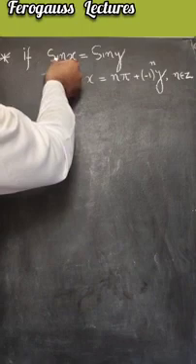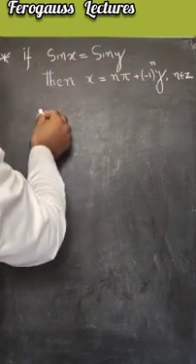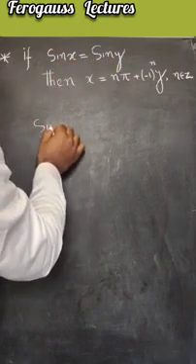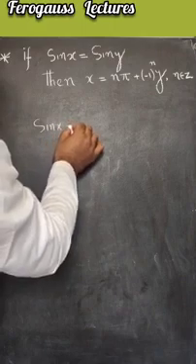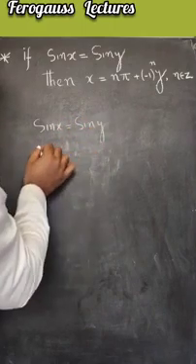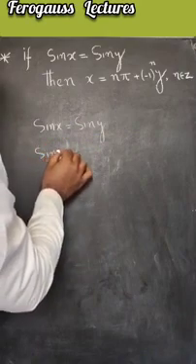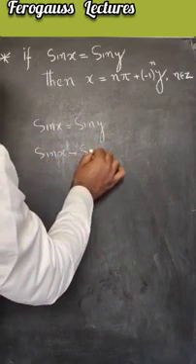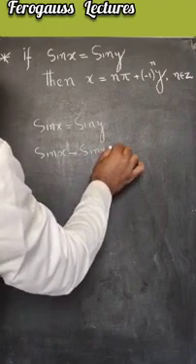Since we have sine x is equal to sine y, we write sine x minus sine y equal to 0.